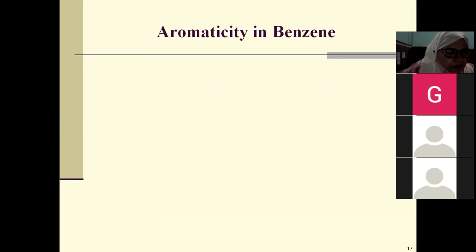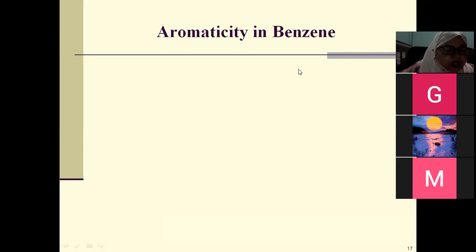All the atoms present in the ring must be 6. उसका स्ट्रक्चर कैसा है? प्लेनर स्ट्रक्चर है. ओके, साइक्लिक है, प्लेनर स्ट्रक्चर है, कंजुगेटेड है, और क्या है? हकल्स रूल फॉलो करता है. ओके, व्हाट इज हकल्स रूल?